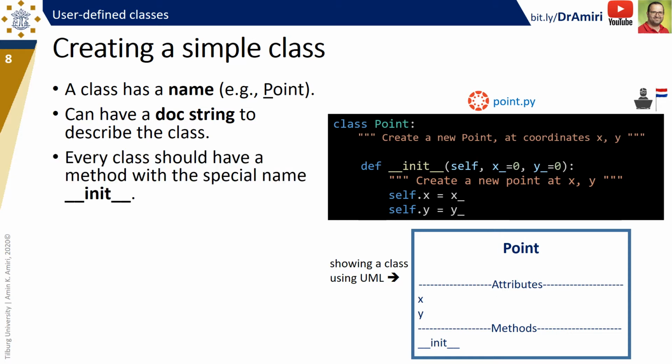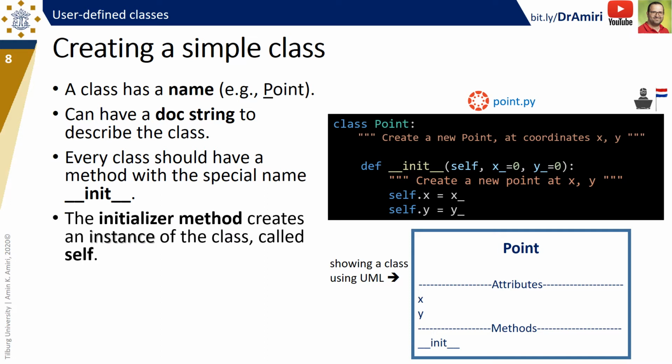Every class should have a method with a special name called dunder init. It is an abbreviation for initialization. In this case, you can also see that we have a dunder init method with several arguments.